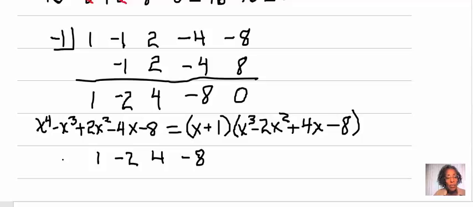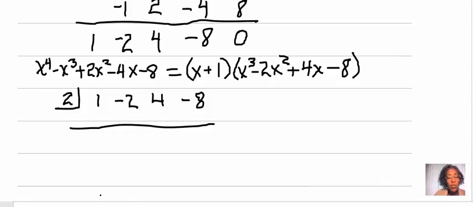Then if that didn't give me a 0 remainder using synthetic division here, I would go and test the next root. But because I used the graph, I'm going to go straight to the next number that I know is a root, and that's 2.